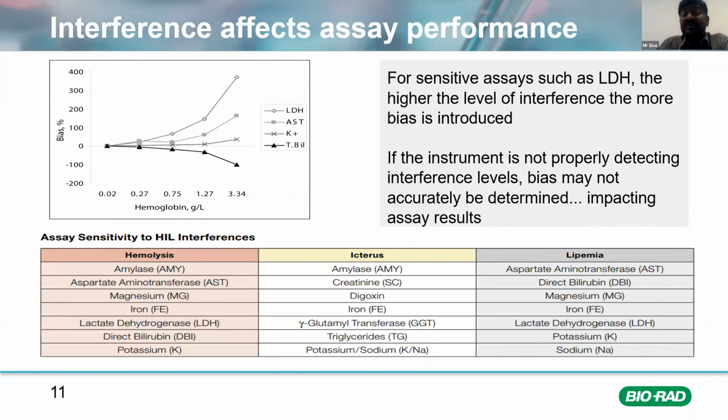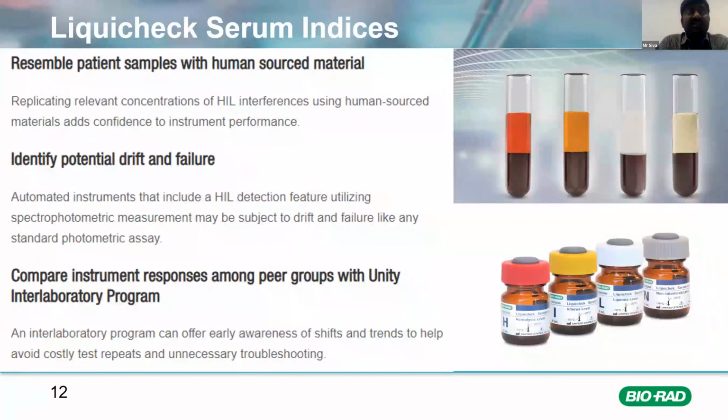It can be double, or even more than that. So there is a possible addition of bias, which can further add to your total error calculations, and whatever analytical quality goals you have set may become a hurdle to achieve.